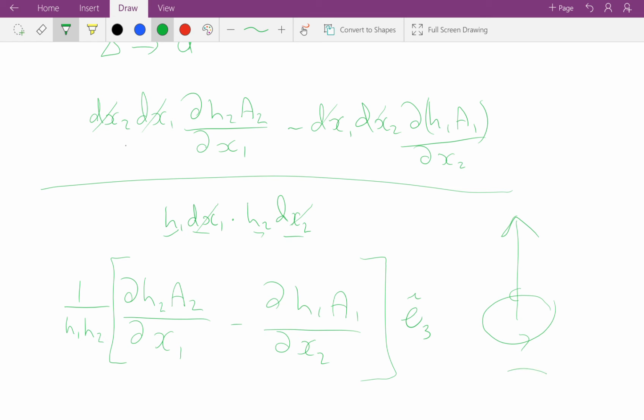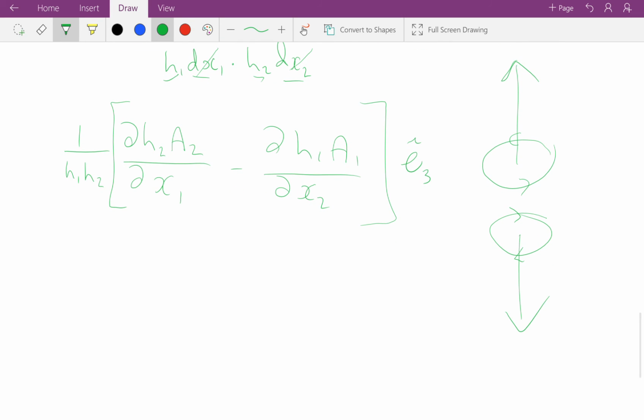Similarly, if we have a vector pointing in that direction, let me just make sure I've done the same thing. That direction will have a vector pointing down. Now we can just commute these values and get the E1, E2 vectors as well. I'll just do that quickly.